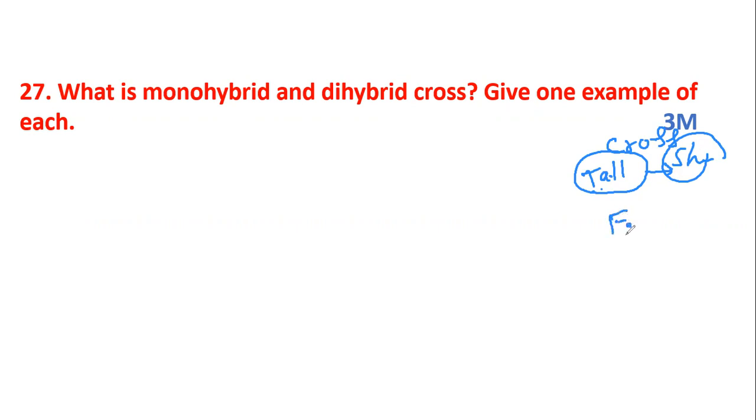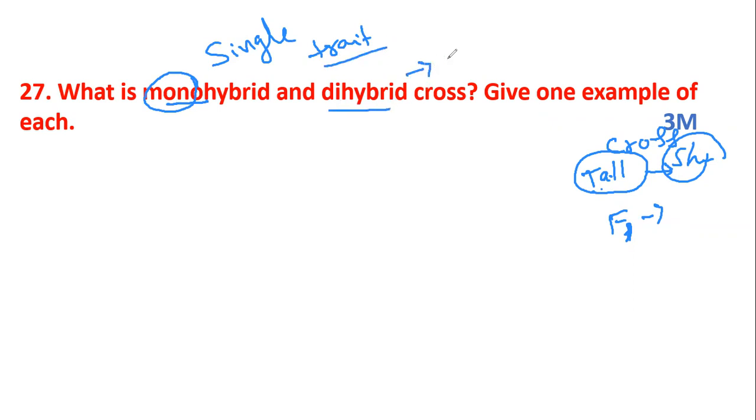Once we get the F1 generation, then we get the dominant and recessive character. Those are all the things you studied. Then what is monohybrid? Monohybrid means mono, in the sense of a single trait or single character we are considering for the crossing. And dihybrid means two characters we consider.